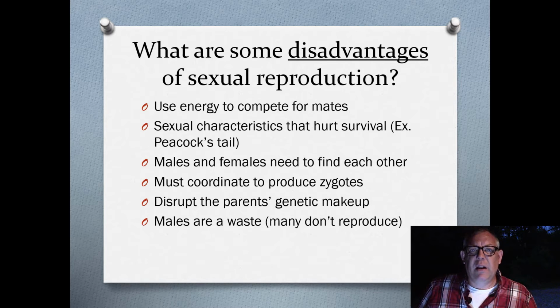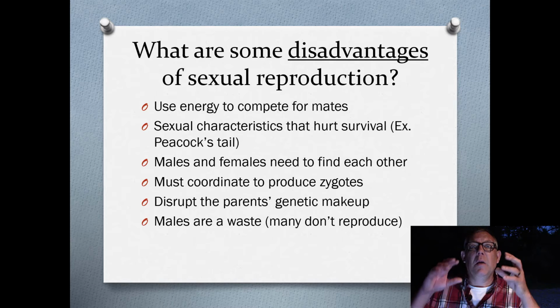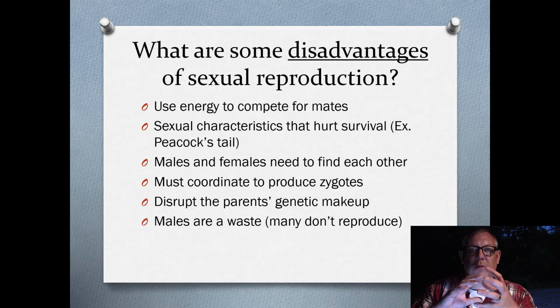Another disadvantage is that it disrupts the parent's genetic makeup. Remember, we said the traits get passed on to the offspring, but sexual reproduction recombines those traits in different ways. Now think about it.